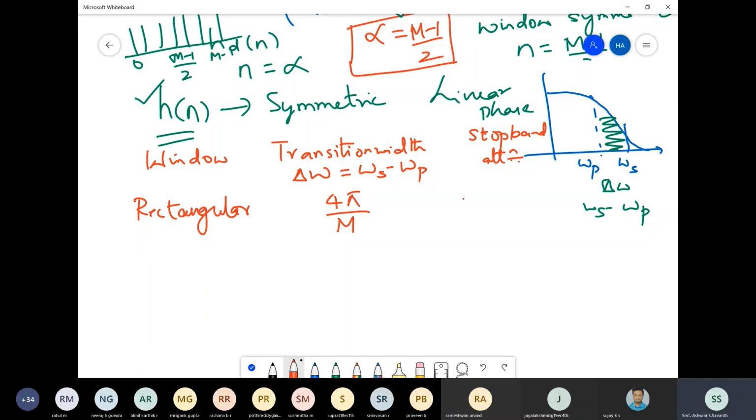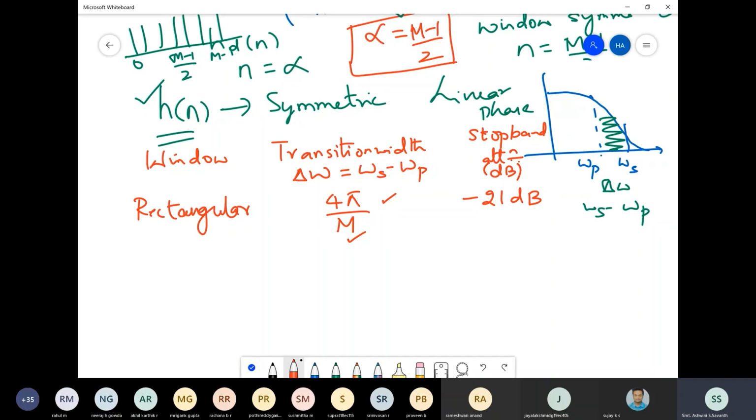And it gives an attenuation of minus 21 decibels. So the stop band attenuation is in decibels. Check the stop band attenuation of the given filter design problem, and based on that, select the window. Once you select the window, you will get the transition width. Based on the transition width, select the value of the order of the filter. Okay, that's how we have to do it.